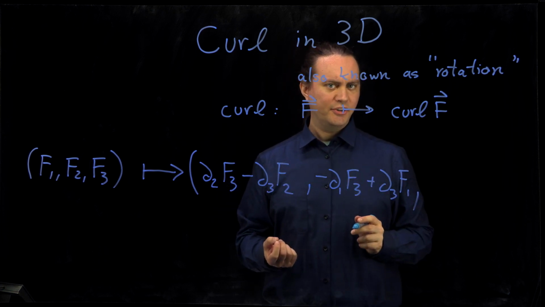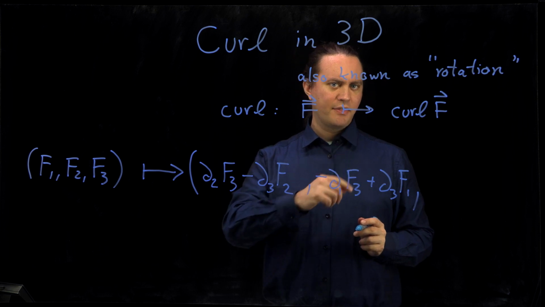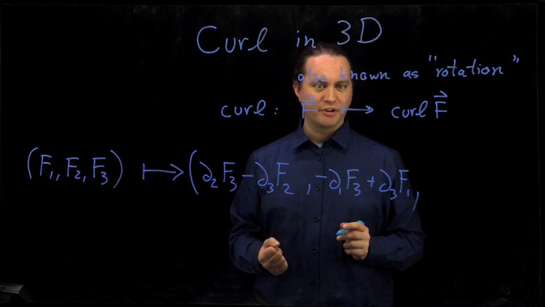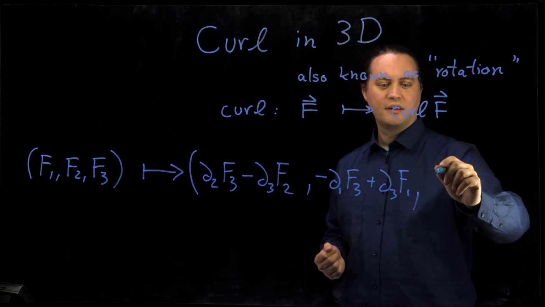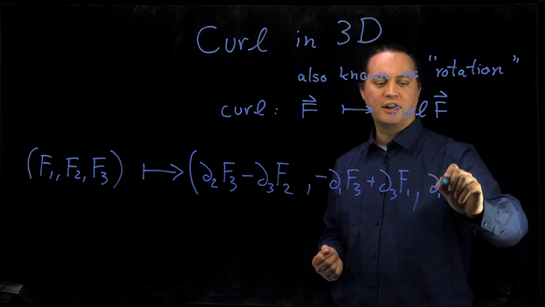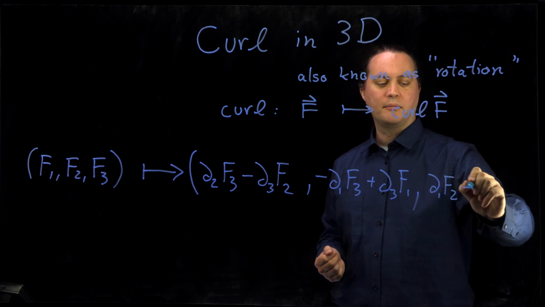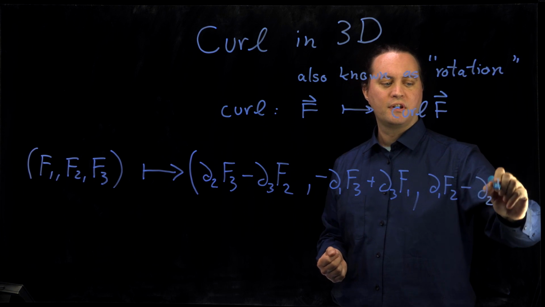That's the second component of the curl. And the third component of the curl is given as follows. We take del1 of f2 minus del2 of f1.